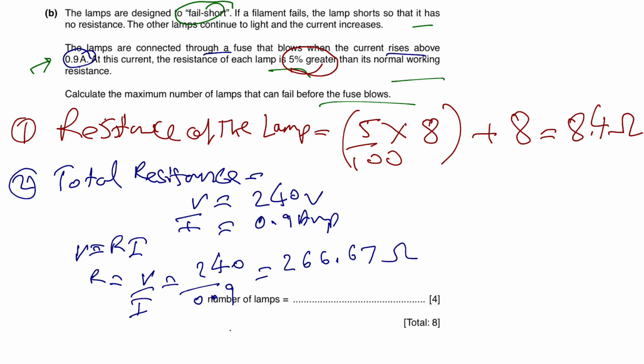Now we will divide these two to get the maximum number of lamps that can fail before the fuse is blown.